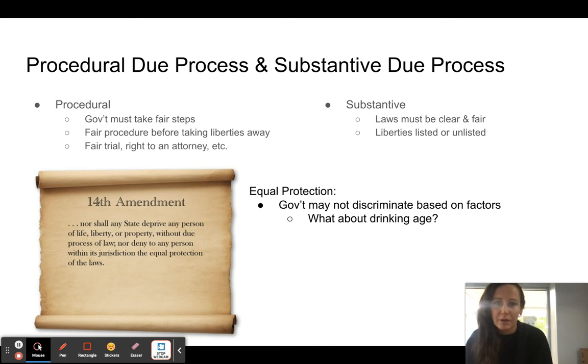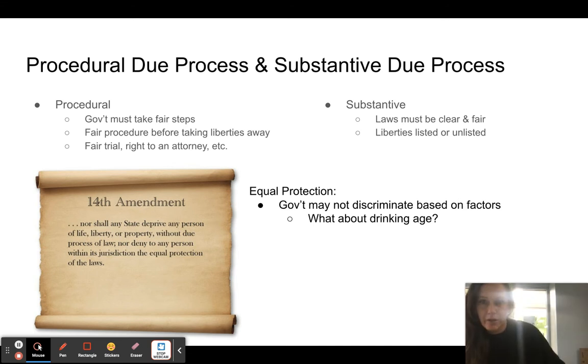For example, the government may not discriminate based on all these types of factors unless there's a rational basis. For example, it's a reasonable goal to prevent underage drinking and prevent the harm that can come from that, or the driving while intoxicated accidents and deaths, all those sorts of things.